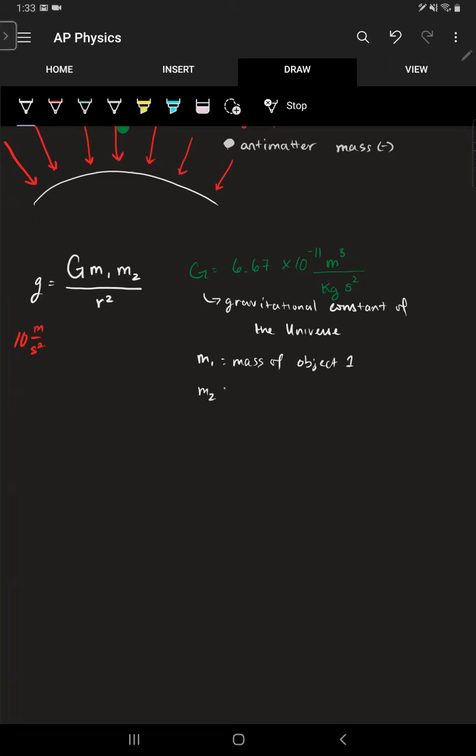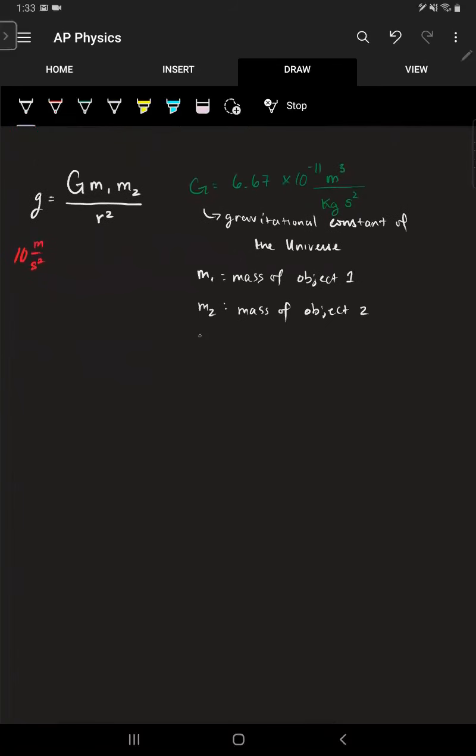What is m2? This is the mass of object 2. And r squared is, well, r is the distance from the centers of each object.